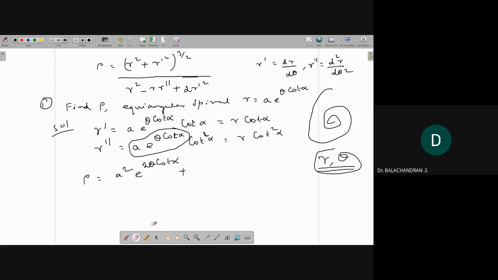Otherwise, you can do it in a little simpler form. You keep r square as it is. R dash square is r square cot square alpha.